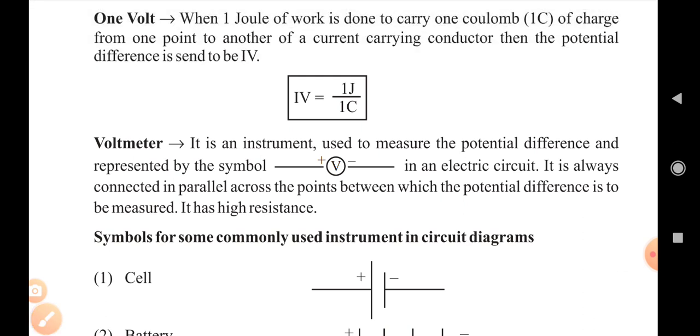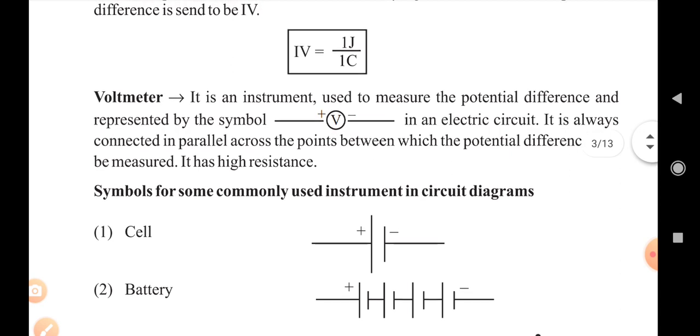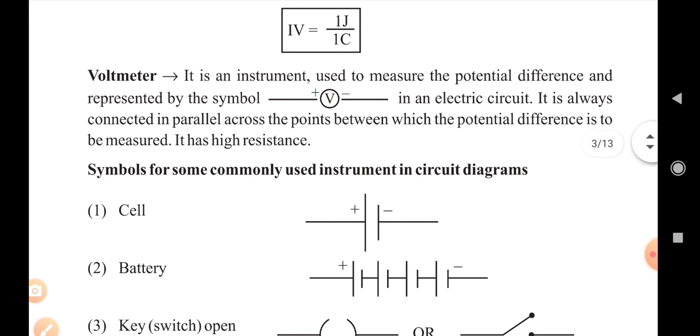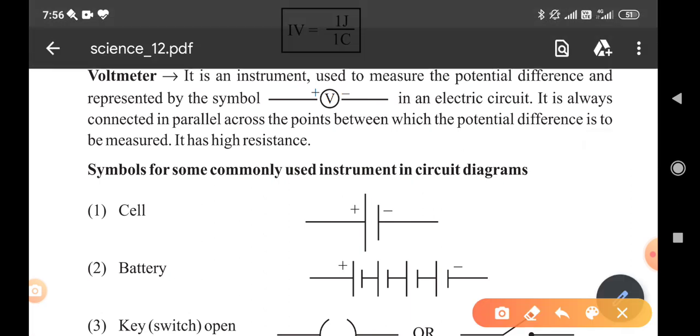A voltmeter is always connected in parallel across the points between which the potential difference is to be measured. It is connected in parallel because it has high resistance.